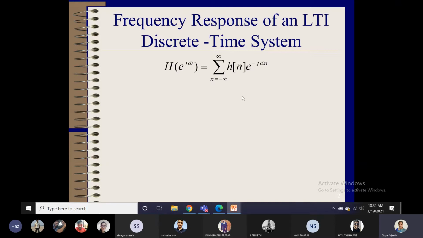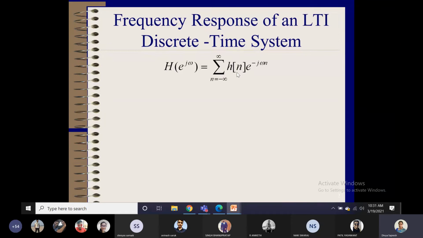So what is H of e raised to j omega? What is the definition for that? We have just substituted. So let us observe the definition for H of e raised to j omega. It is the summation from n equal to minus infinity to plus infinity of h of n, where h of n is the impulse response of the system.